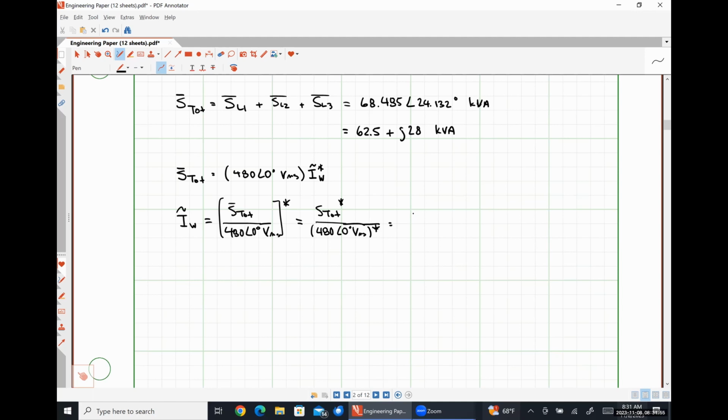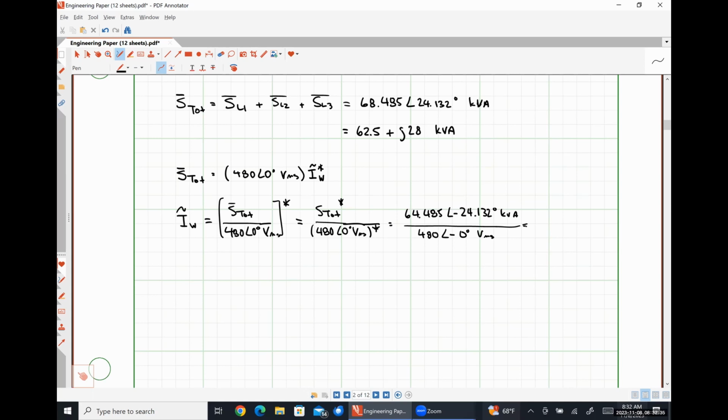So this is going to look like 64.485 angle negative 24.132 degrees kVA divided by 480 angle negative 0 degrees volts RMS, where I know that there is no difference between positive 0 and negative 0. I'm just trying to make sure that you all understand we need to conjugate both the numerator and the denominator here.